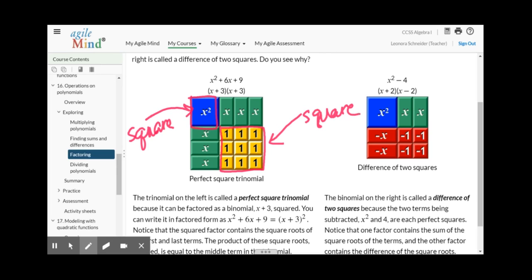And then the rest of it that fills in, you see how there's the same stuff inside. So we have 3x here and we have 3x there, and that completes it, and that makes the whole thing a square. But the individual pieces, x squared and the 9, those are also squares. So that's an important thing to notice.